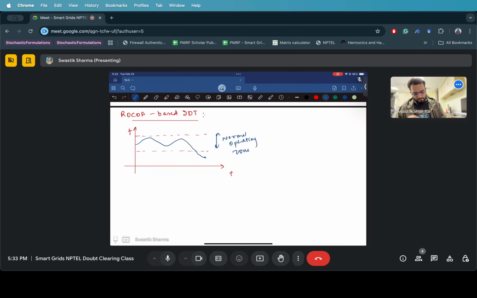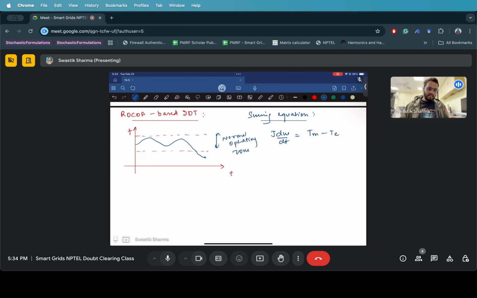Let's derive it. The swing equation is used to derive this relation. The swing equation tells us that the rate of change of frequency is related to the torque that it experiences.